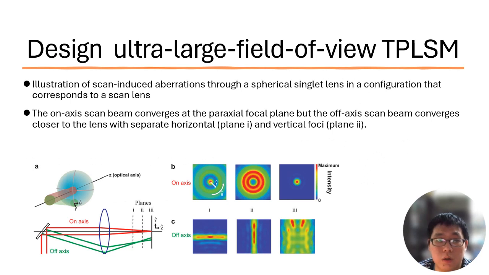Here we are talking about the design of the ultra-large field of view TPLSM. This is an illustration of scan-induced aberration through a spherical single-element lens in a configuration that corresponds to a scan length. The on-axis scan beam converges at the paraxial focal plane, but the off-axis scan beam converges closer to the lens, with separated horizontal and vertical focal points.